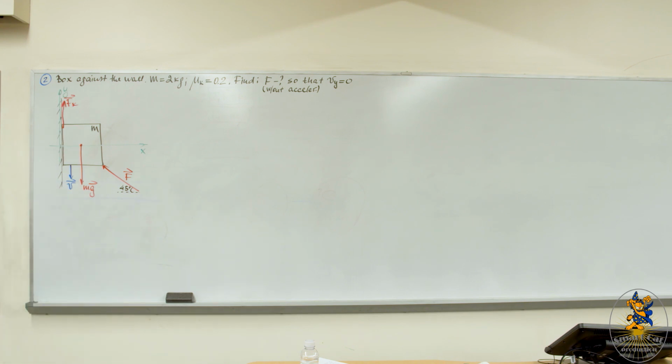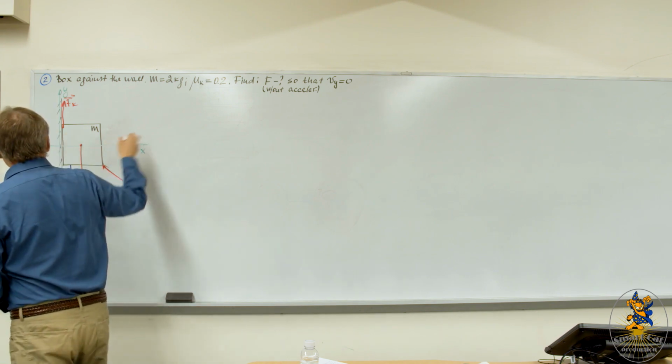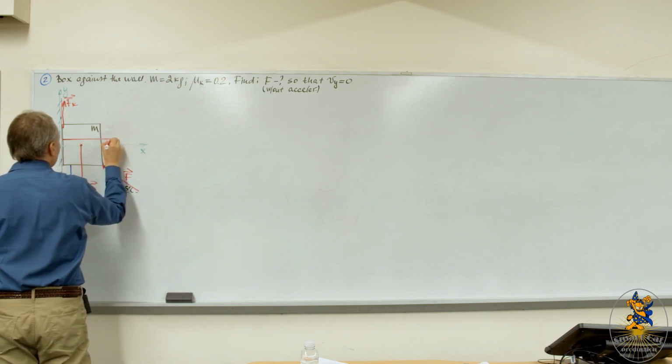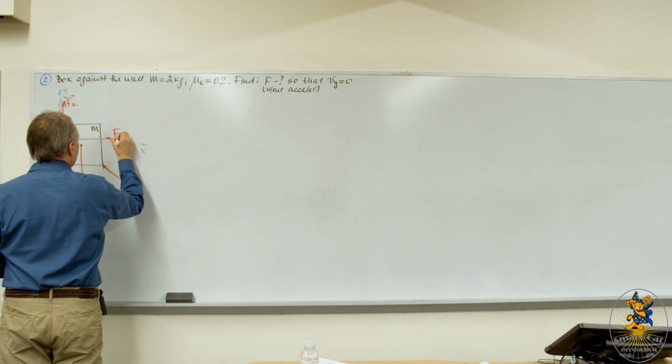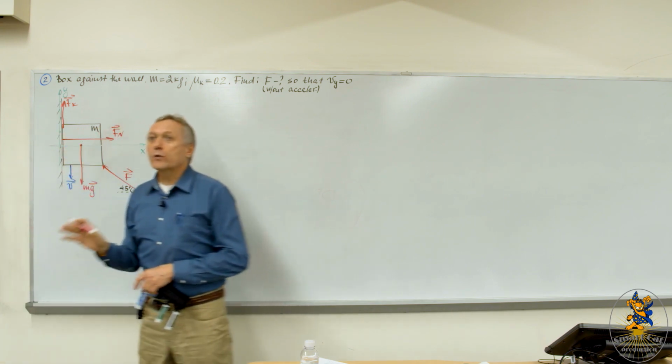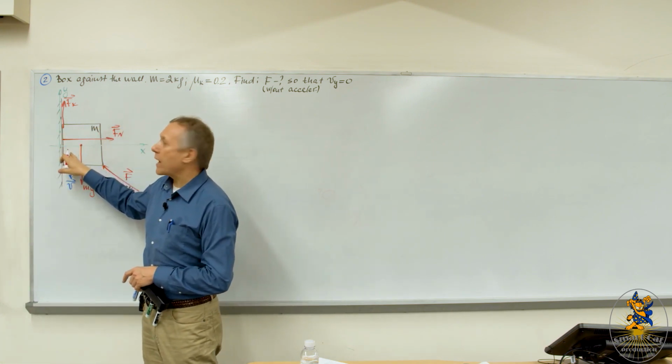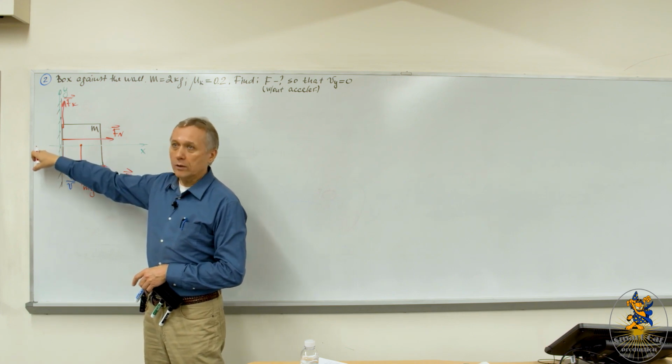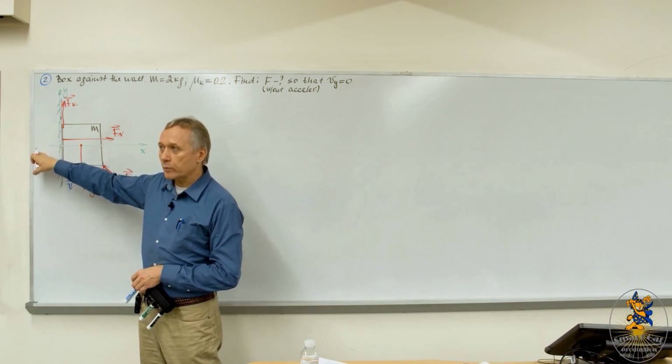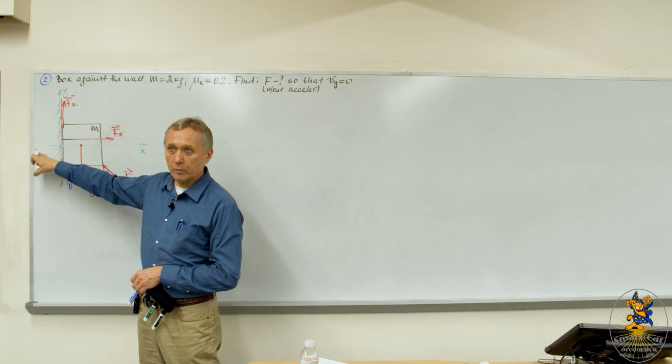And the last force. Normal force, right? Yeah, the normal force this way. So let me draw it, Fn. Again, the box is going to apply a force on the wall, but we don't need that force. We only need forces acting on the box.